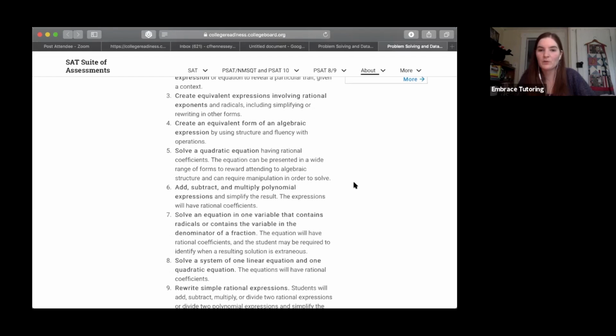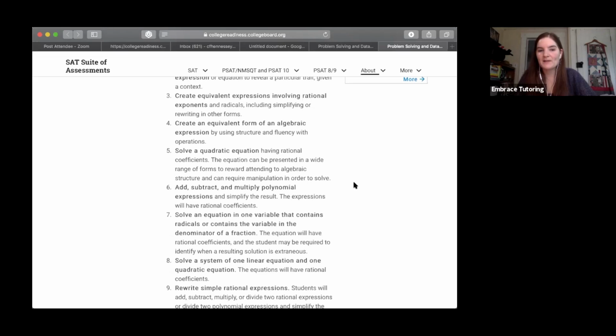You have a range of forms you can end up dealing with for the algebraic structure, and those types of questions may require you to manipulate an equation to help you solve it.